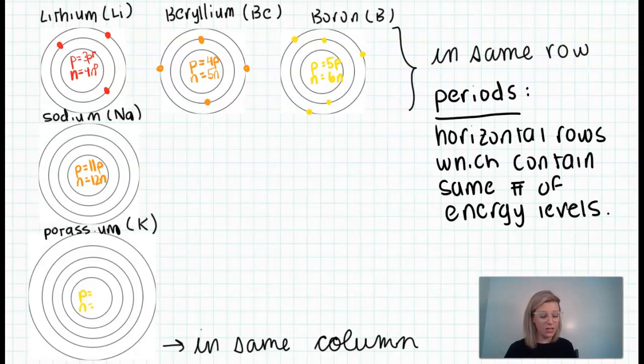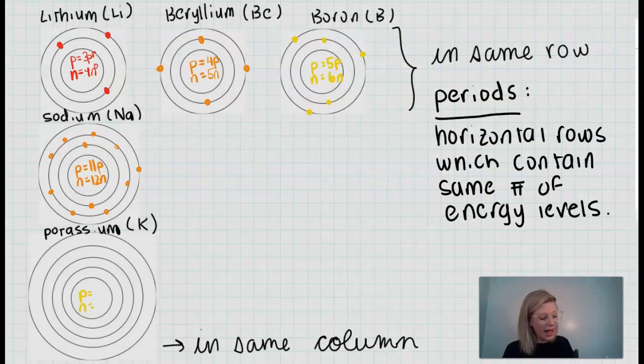So now let's take a look at the Bohr diagram for the electrons. We have 2 electrons in our first energy level, 8 electrons in the second energy level, and 1 electron in the third energy level.